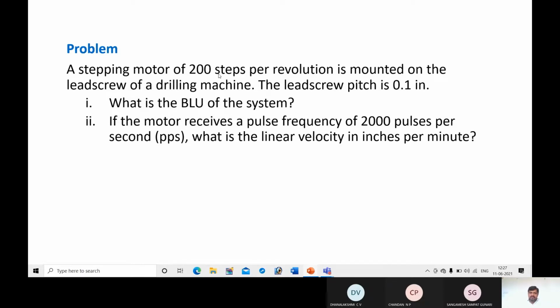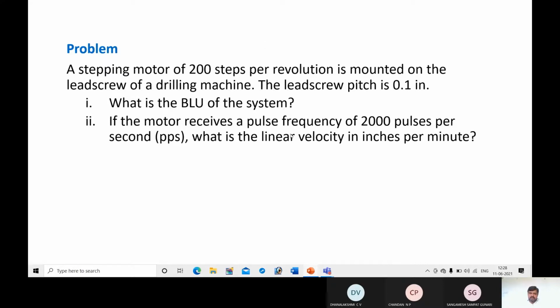That means it is working at a step angle of 360 by 200, which will give you the step angle. It may be 1.67 like that. So if there are 200 steps, then it will result in movement of one revolution.